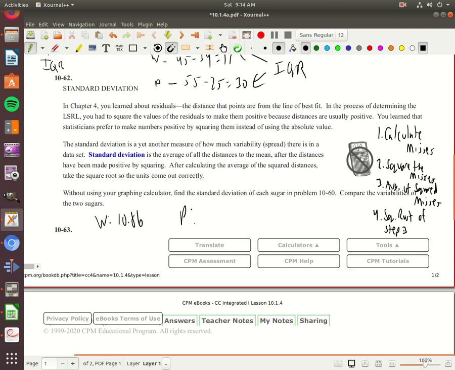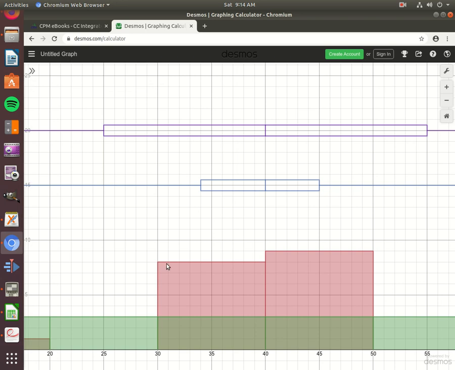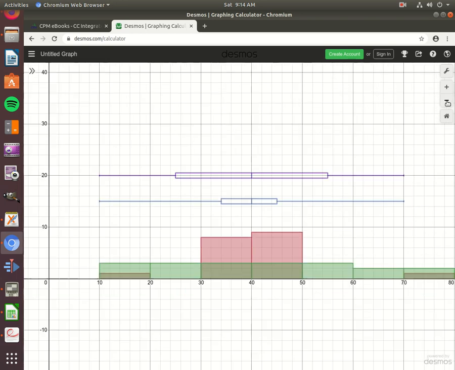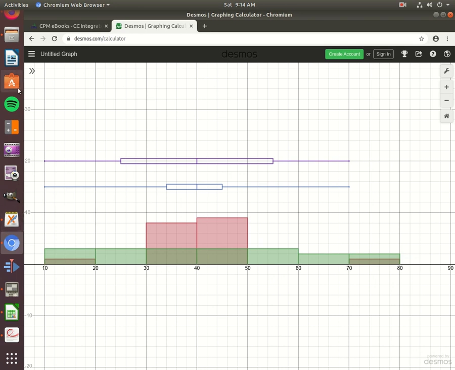And we said that sugar P has a standard deviation of 18 point, I think it was 87 or something like that. So again, we still see more spread in P, and that's not a surprise because we can see that spread here for sure. We see that the green one is more spread out than the red one.